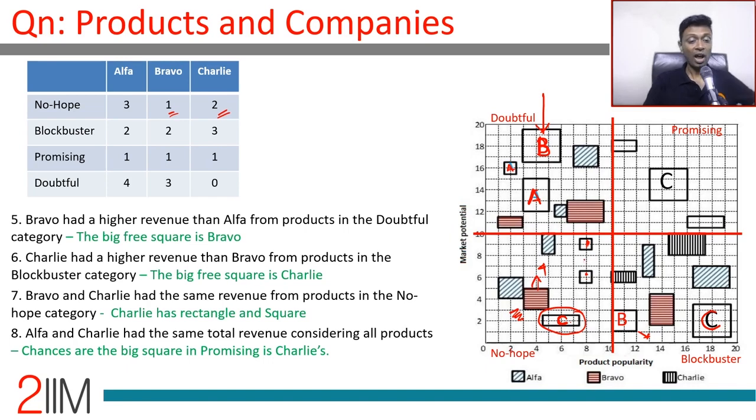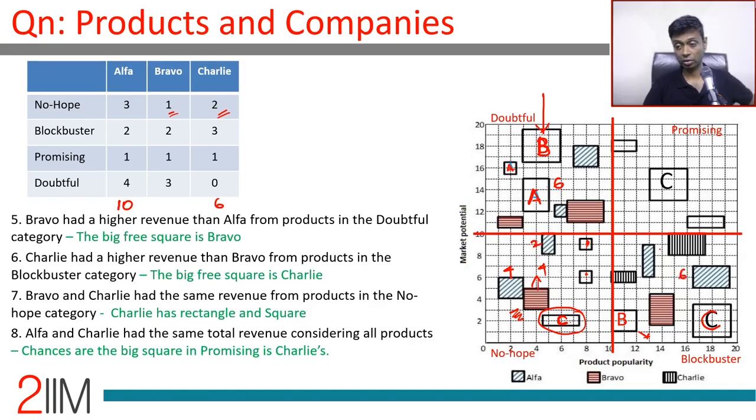Right. Wonderful. Alpha and Charlie had the same total revenue considering all products. Now remember, Alpha has 10 products. Charlie has only 6. Alpha has this accounting for 6, this accounting for 4, this accounting for possibly 2, maybe even 3. It looks fat.